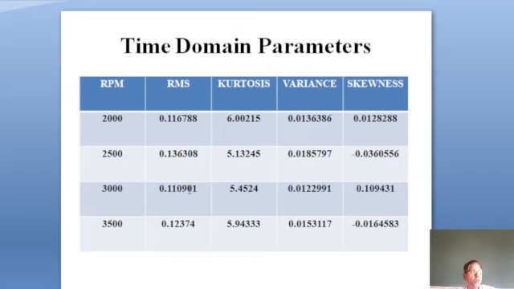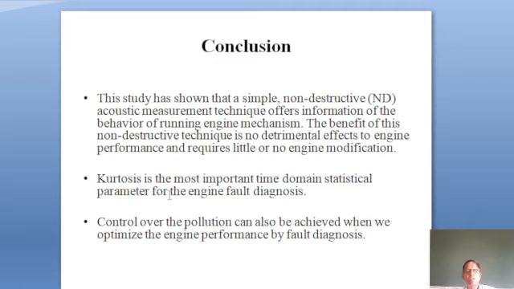We can conclude from the analysis of the kurtosis values, and that is why kurtosis is one of the most important time domain statistical parameters for finding a fault in the IC engine. Proper control over pollution can also be achieved when optimized engine performance is obtained by proper fault diagnosis.